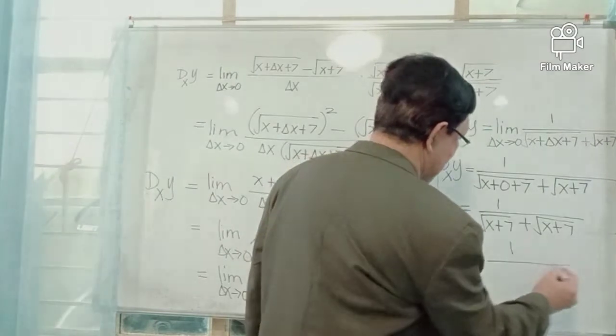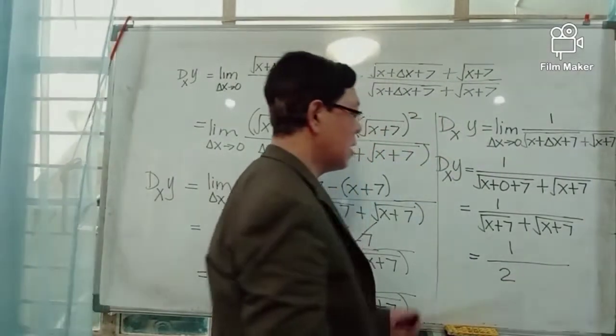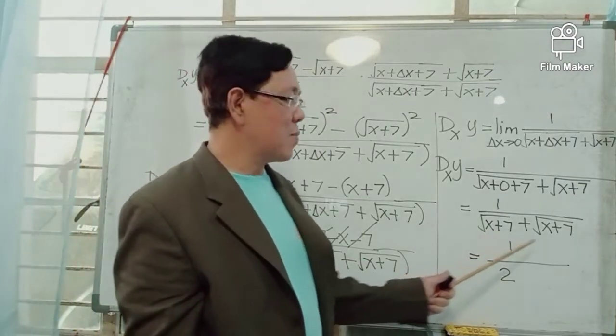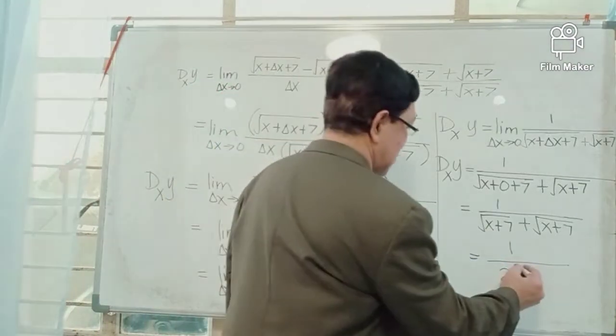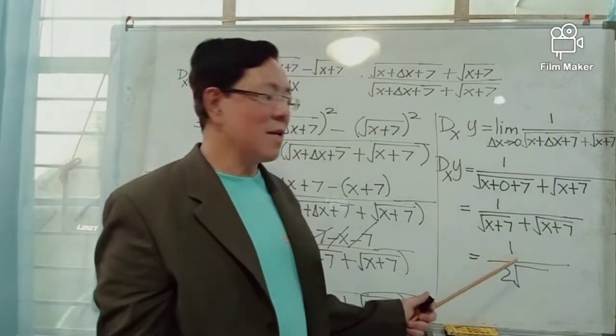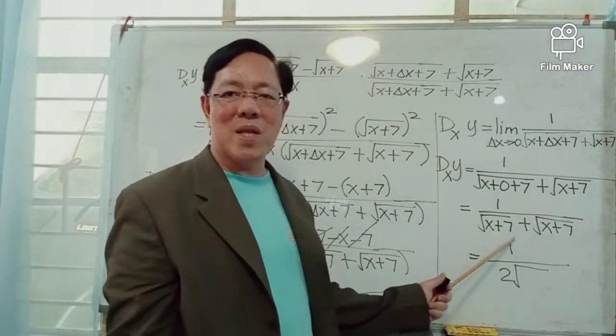1 over 2, and their common literal coefficient is the square root of x plus 7.